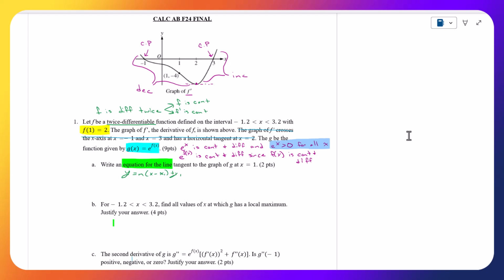I don't know how that got there. Okay. So now we just need to find m, we need to find x1, and we need to find y1. Well, fortunately, it tells us that x equals 1.